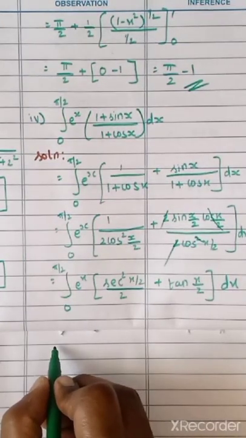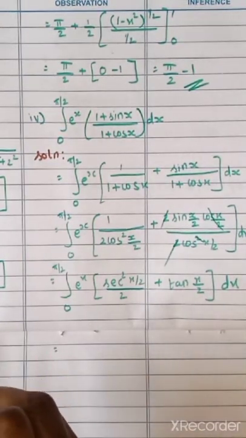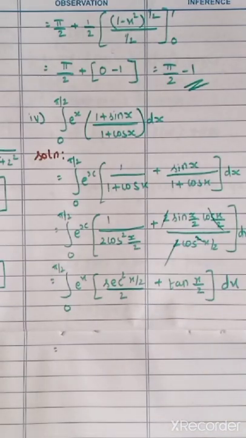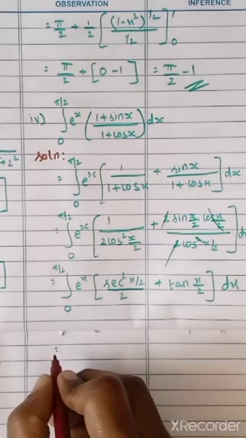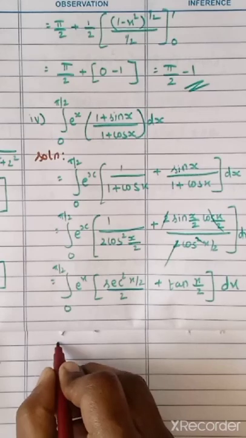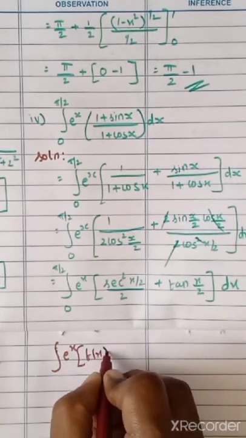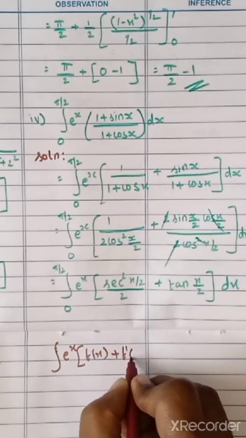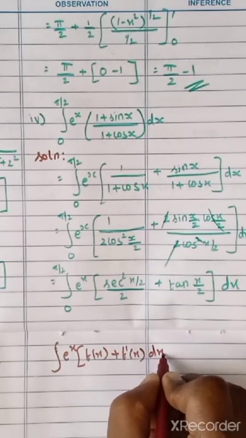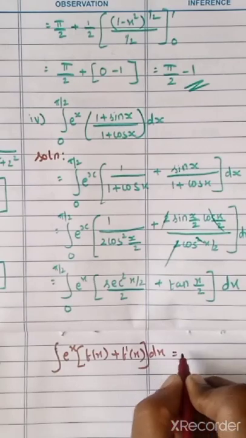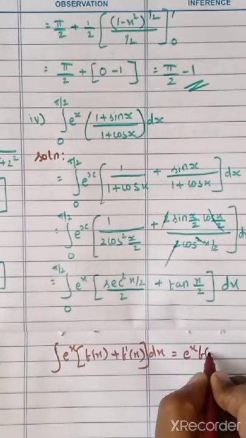Which is equal to, now we have a formula: integral e power x of f of x plus f dash of x into dx equals e power x into f of x.